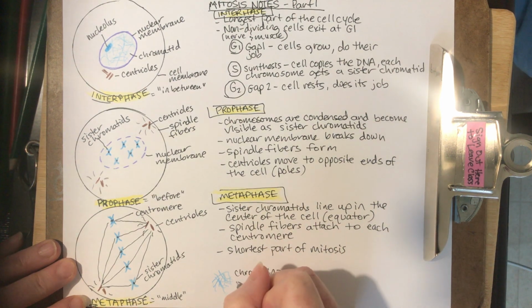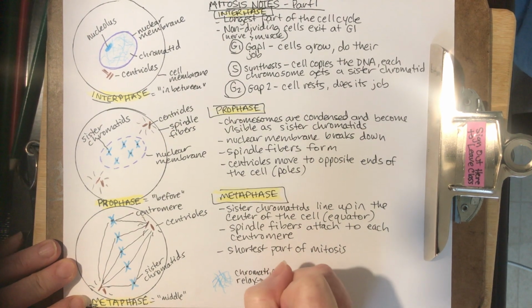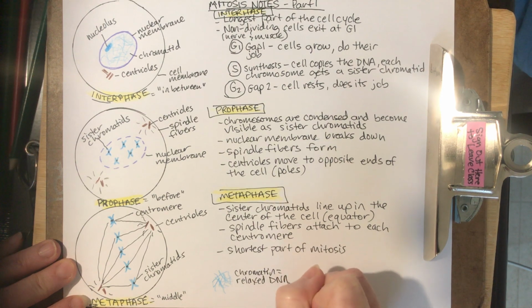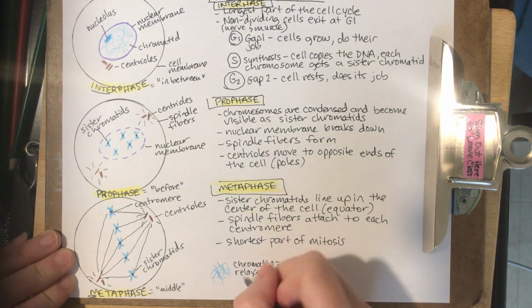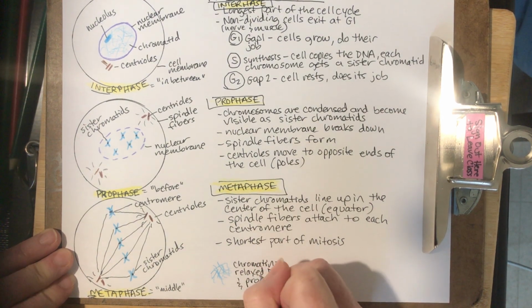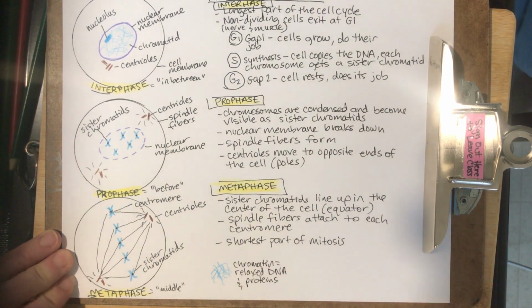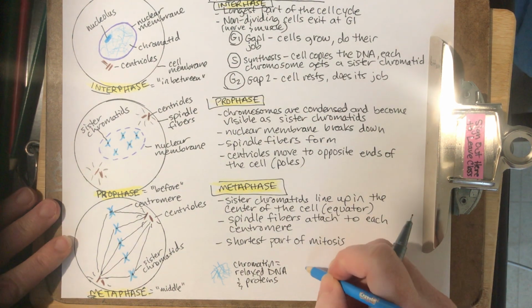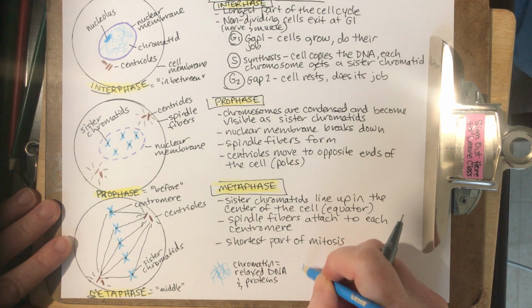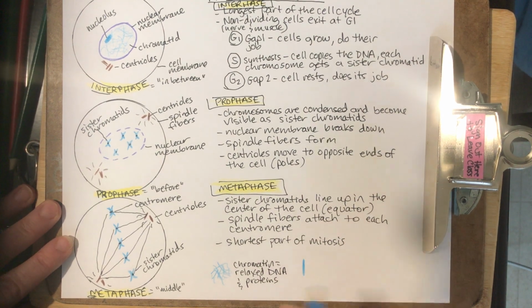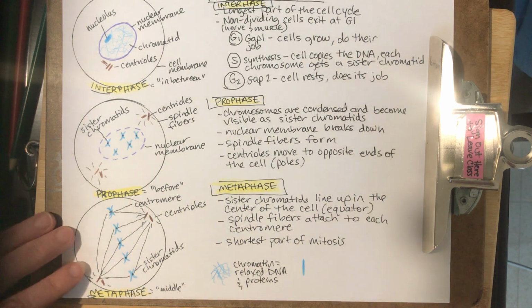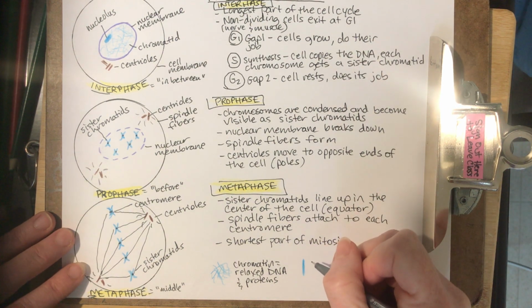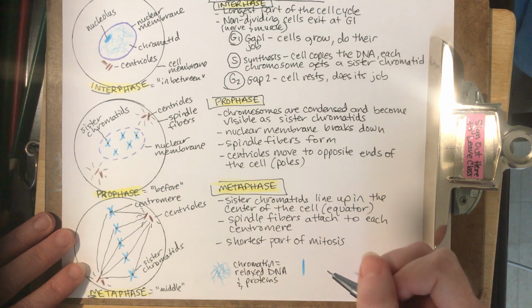Chromatin is the relaxed DNA, wrapped around proteins. We'll talk a lot more about DNA and DNA structure coming up in our next unit. Okay, and when it condenses, these proteins help kind of act like little bobbins for it to spin around and twist around and kind of hold it together in a tightly condensed format.